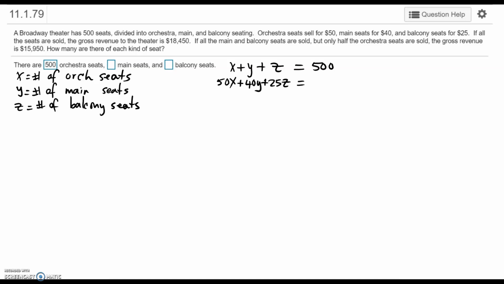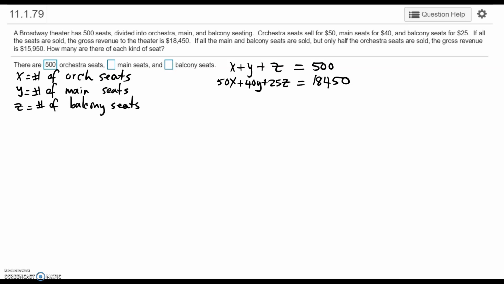And that gives me, they say, a gross revenue of $18,450. The last piece of this says, if all the main and balcony seats are sold, but only half of the orchestra seats are sold, then it gives us a gross revenue of $15,950.